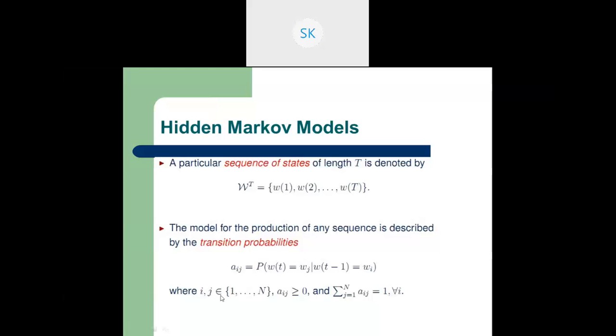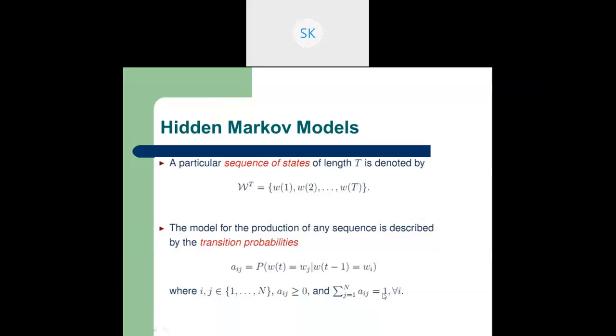Where i, j belong to 1 to n, a of ij is greater than or equal to 0, and the summation over j equal to 1 to n of a of ij is equal to 1. So this summation of aij is equal to 1. As it's a probability, consider whatever transitions are moving from a particular state, let's say W1 having transitions to W2 and W3. W1 has a transition to W2 as well as to W3.